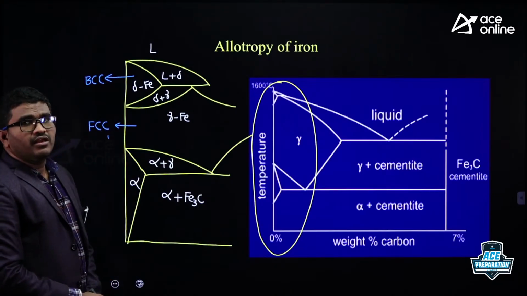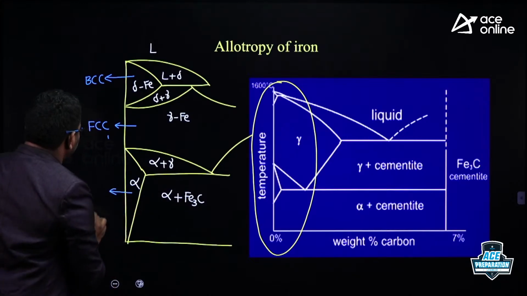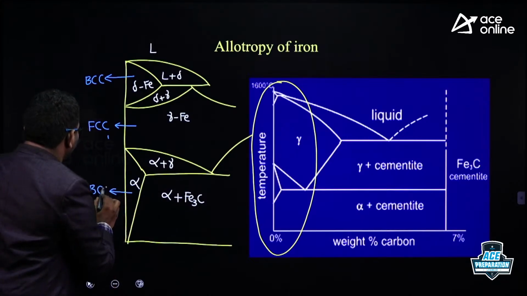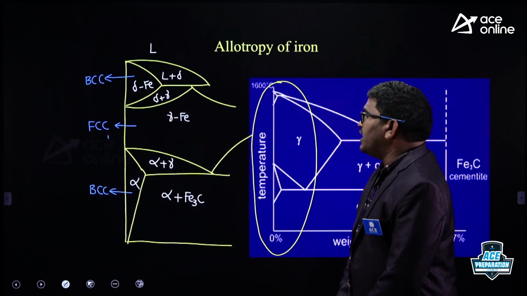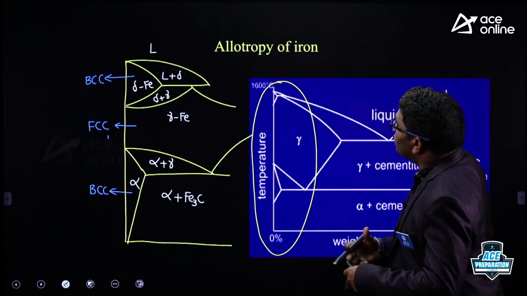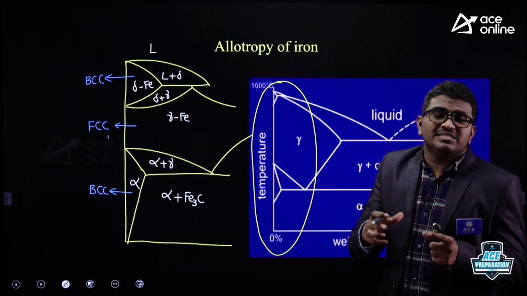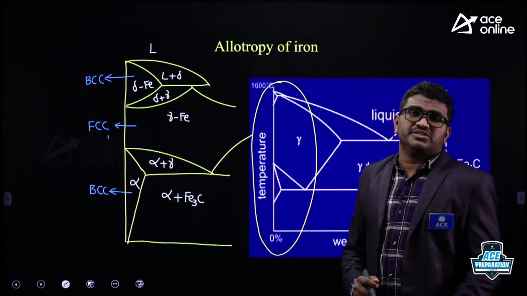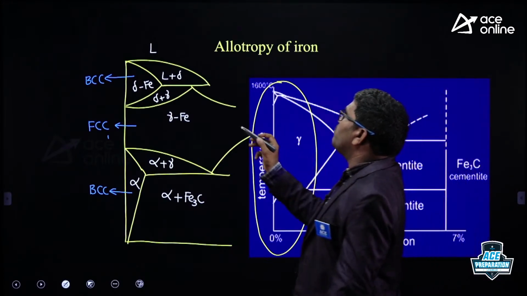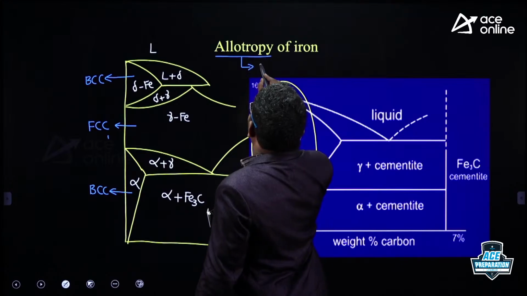Again, by cooling, that gamma iron transforms into alpha iron, and the crystal structure of this alpha iron is BCC. So, this is the allotropy of iron. What do you mean by allotropy of iron? The iron material exhibits different crystal structures at different temperatures. Allotropy means different crystal structures at different temperatures.